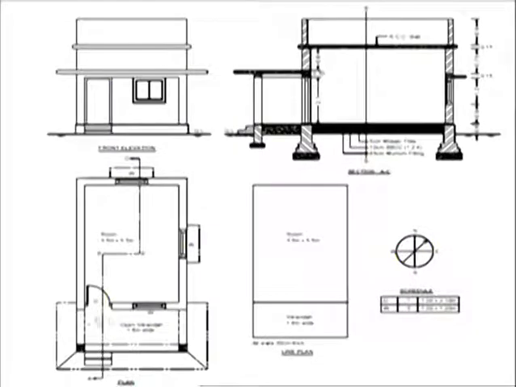Otherwise, if these walls are not there, there will be settlement of the flooring here. From this point we have to go inside, so we need these steps. Two steps are provided, with riser, tread, riser, tread. And then the detailing of the floorings is to be provided.